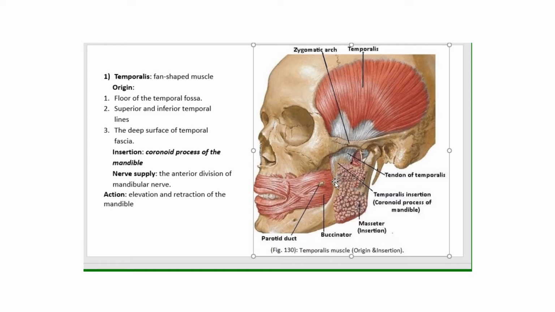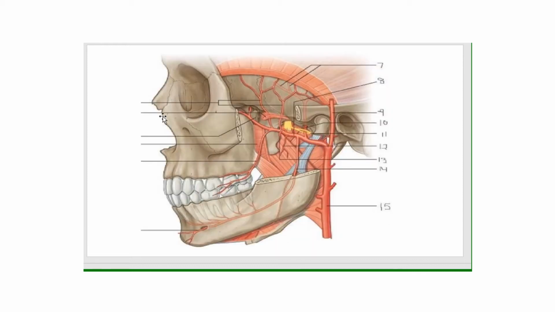Then it takes in the anterior border, tip, posterior border, and the medial surface of coronoid process of the mandible. The nerve supply of the temporalis muscle is from the anterior division of mandibular nerve by 2 or 3 temporal branches, which we saw before.